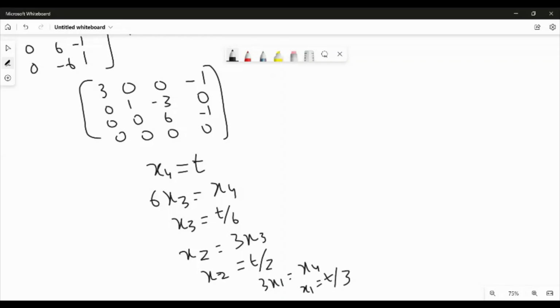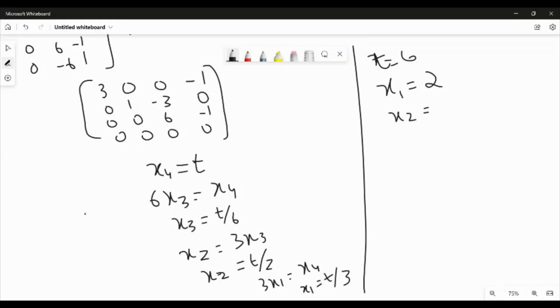So now if we choose any arbitrary value for t, so if t equals 6, we will get x1 will become 2, x2 will become 3, x3 becomes 1, and x4 becomes 6.